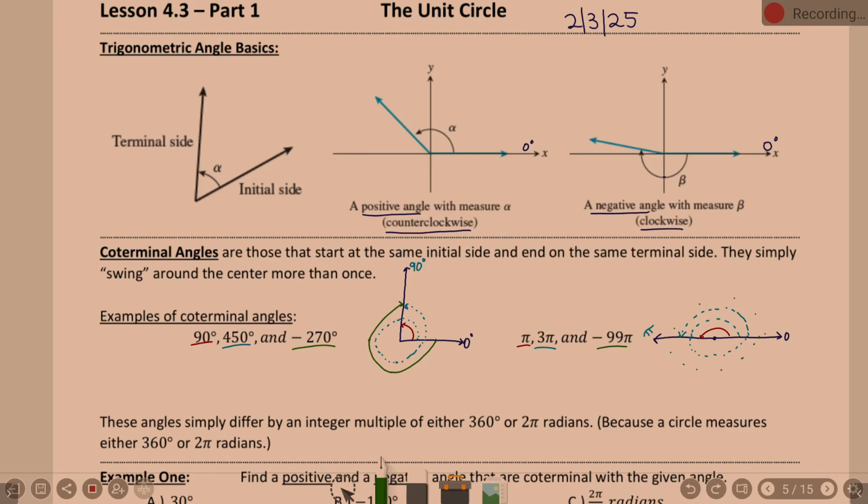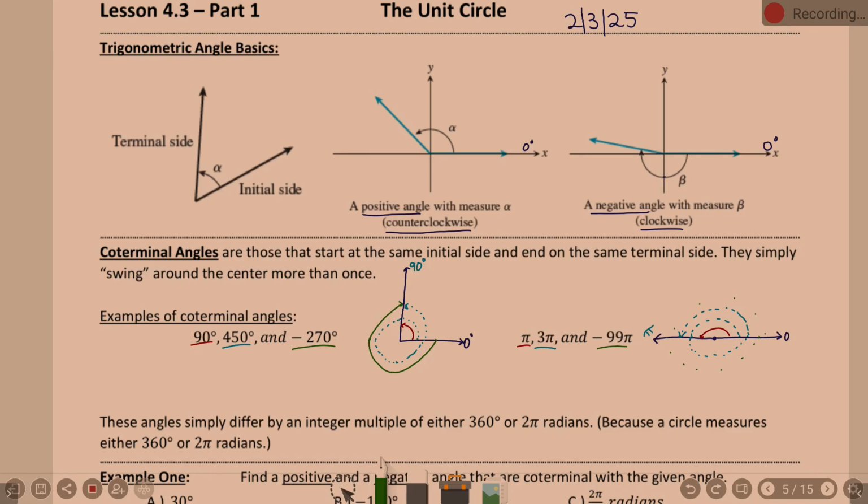Now, while my degrees were all separated by 360, 90 plus 360 is 450, or 90 minus 360 is negative 270. What are these pi's separated by? Pi plus what is 3 pi? Pi plus 2 pi. Okay, so in other words, what's one lap around the circle? It's 360 degrees, or it's 2 pi radians.